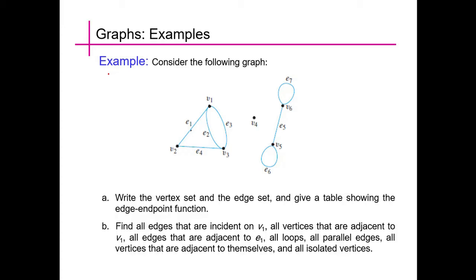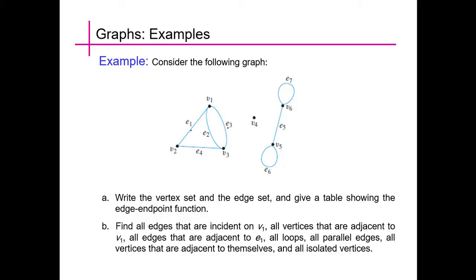So here we consider an example to understand these definitions. We can see here that V1, V2 and V3 are the vertex set, and E1, E2, E3 and E4 are the edge set. So for edge E1, the endpoints are V1 and V2, and we see here that parallel edges have the same two endpoints.